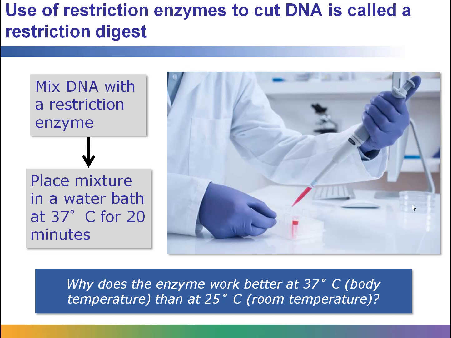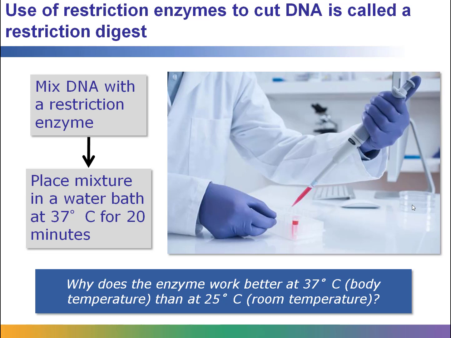So you can use a restriction digest to isolate genes, number one. You can use it to cut the plasmid so that it's ready for recombination. You can use it to identify DNA, that's number three. And you can also use this technology to support genome mapping.